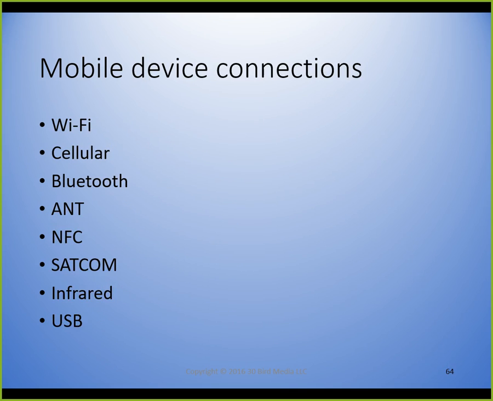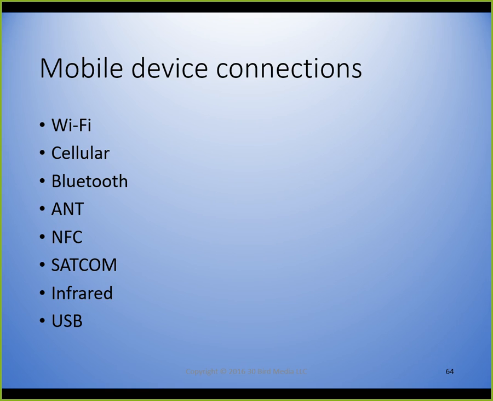The connections, we know about Wi-Fi, we know about cellular, we know about Bluetooth. ANT is for fitness trackers, and I think it's Garmin proprietary that they've licensed to everybody else. NFC, near field communication, payment, usually payment card or phone payment, is the way we think about these.